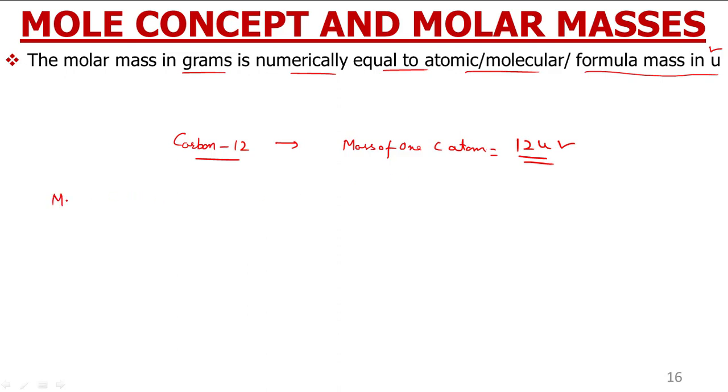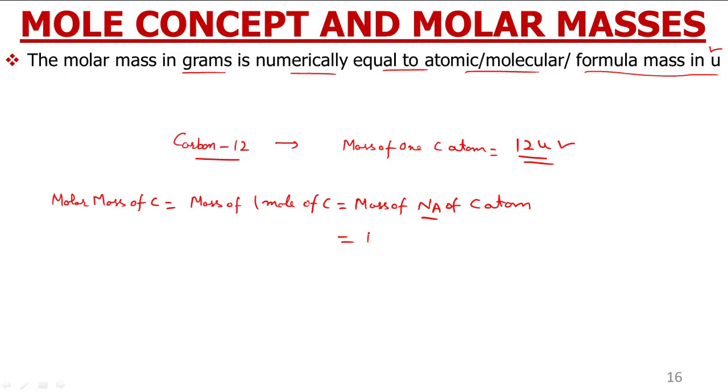The molar mass of carbon is the mass of 1 mole of carbon, which is equal to the mass of Avogadro number of carbon atoms, because 1 mole is equal to Avogadro number, that is, the mass of 6.022 into 10 raised to power 23 atoms of carbon. So this will be the molar mass of carbon.